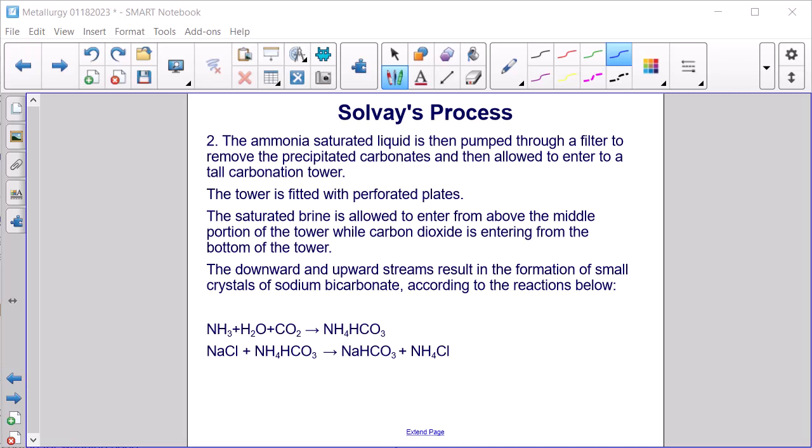The downward and upward streams result in the formation of small crystals of sodium bicarbonate according to the reactions below. So we have the ammonia, water, and carbon dioxide forming this ammonium bicarbonate that can then react with sodium chloride to produce crystals of sodium bicarbonate and ammonium chloride.